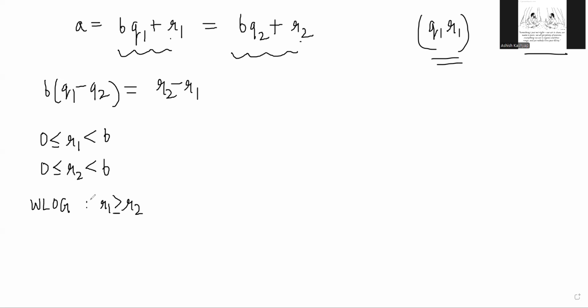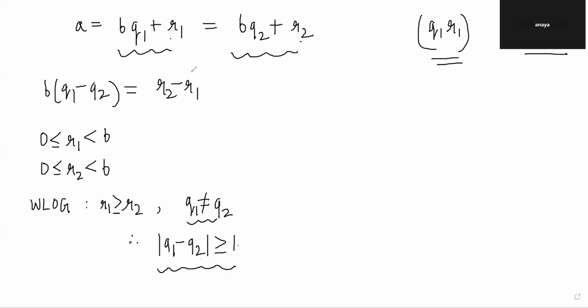We can assume r1 is greater than r2, and since q1 is not equal to q2, therefore we can say that mod of q1 minus q2 is greater than or equal to 1. They will be different by at least one integer, right? Since we are saying that they are different, q1 and q2 are not the same, so at least this much is true.